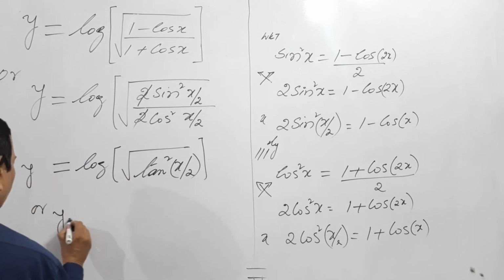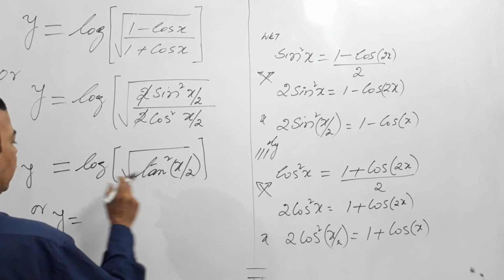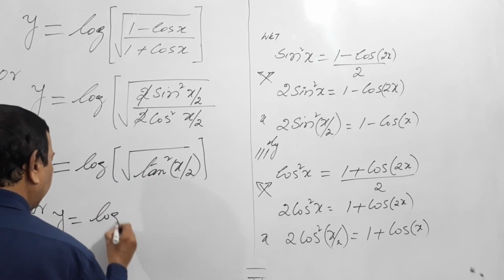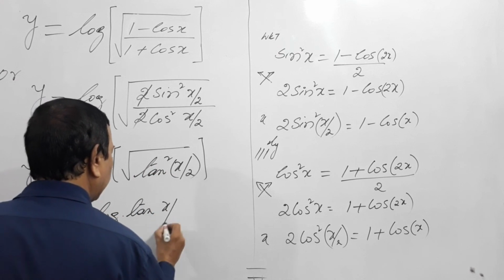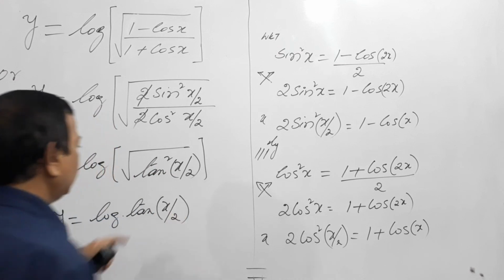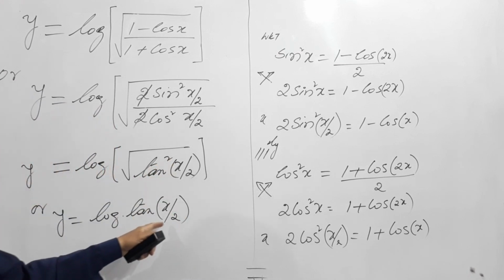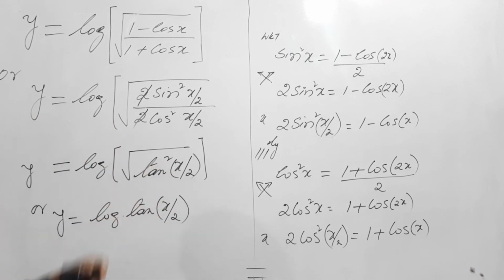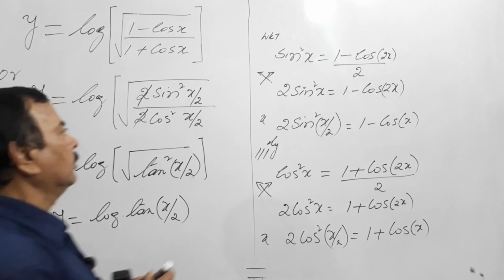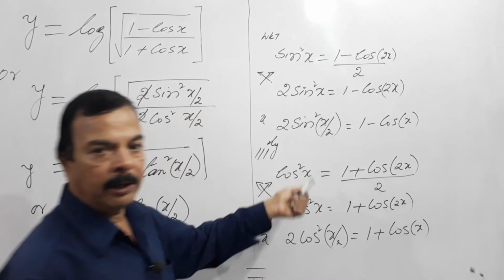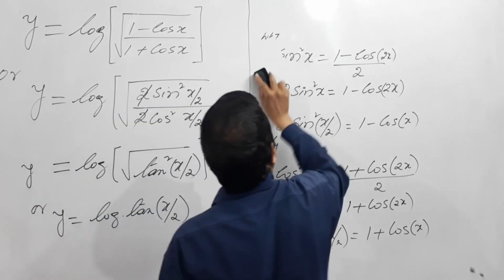So y equals log of tan x by 2, because tan square becomes tan x by 2 once it comes out of the root. Now we have got y equals to log of tan x by 2. Now we can differentiate this. So I'll rub this. I hope you have made a note of this.